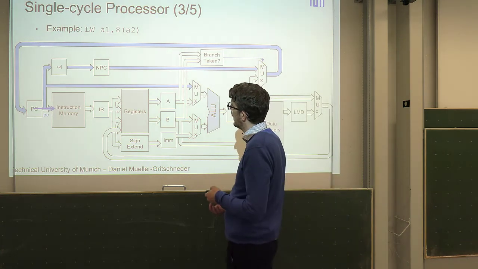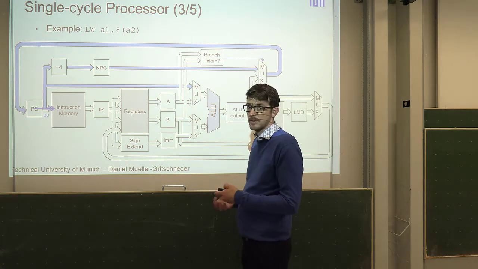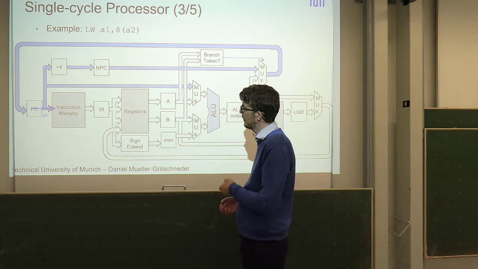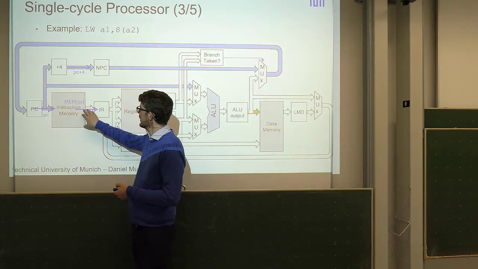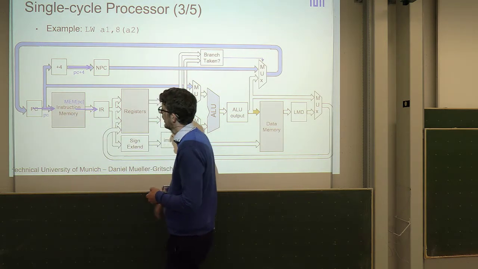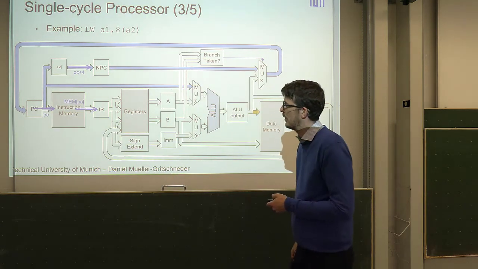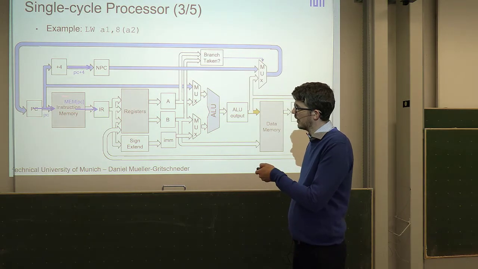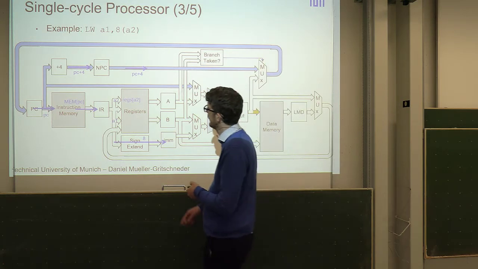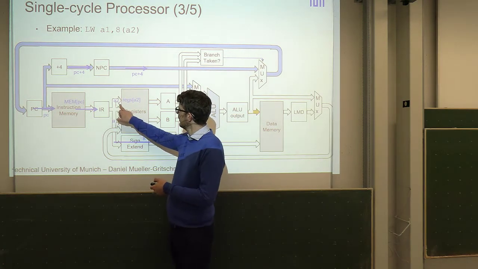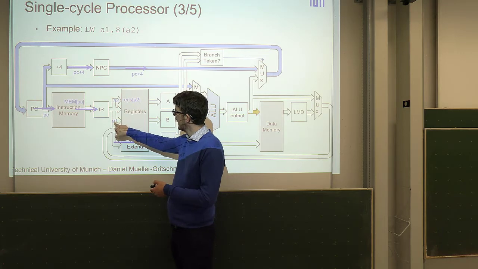Okay, good. Now, how would the processor execute this instruction? So we start with the program counter. Again, the first thing is we have to fetch the instruction, right? This is called instruction fetch. We have to find out that this is now a load. So we're loading this from the instruction memory. We are decoding it, and now we are getting A2, right? So this means this is where the address is. We know we want to write to A1, so we have to keep this in mind.